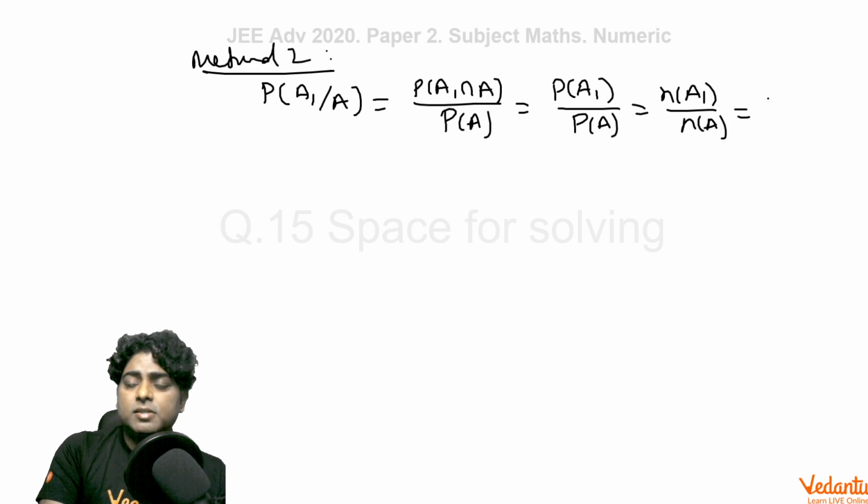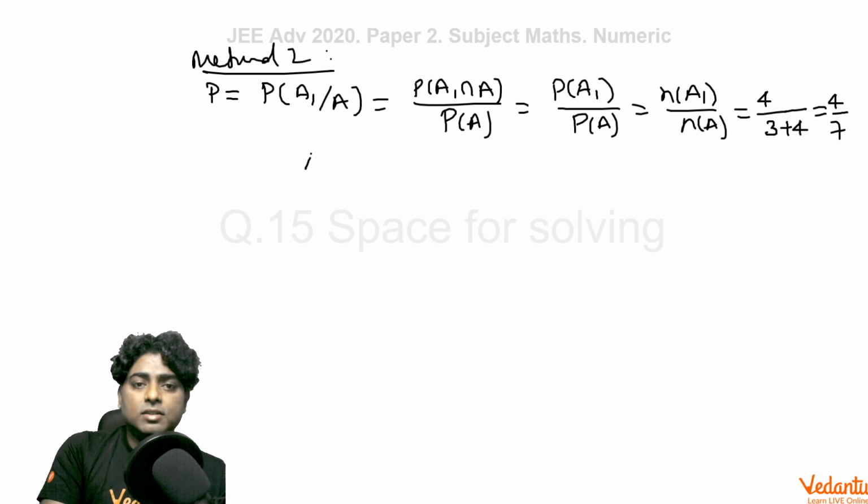A1 was getting 9 and A was getting 4 or 9, it was 3 plus 4, that is 4 upon 7. So the answer must be 14p, that is 14 into 4 by 7, that is 8.